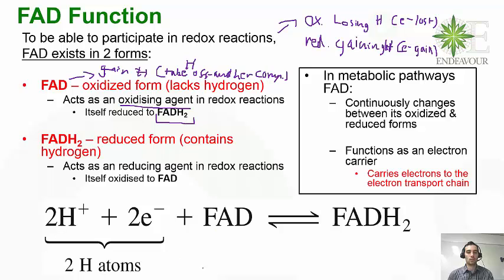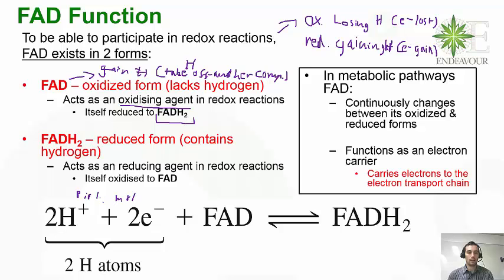That's what we can see summarized down the bottom here. We have the FAD, and it's gaining 2 H plus and 2 electrons. This is going to be from another biological molecule involved in some sort of metabolic process.